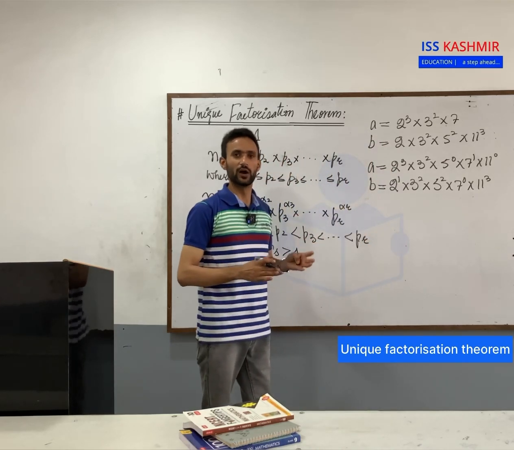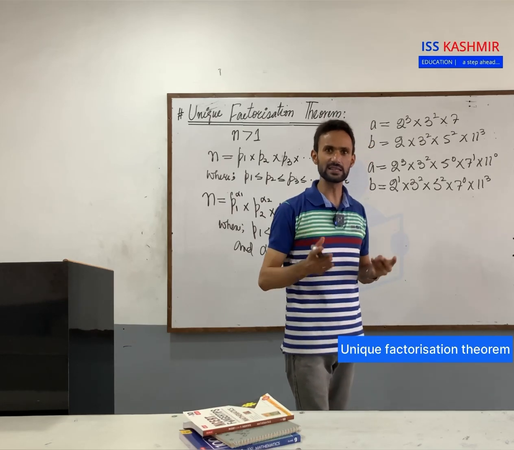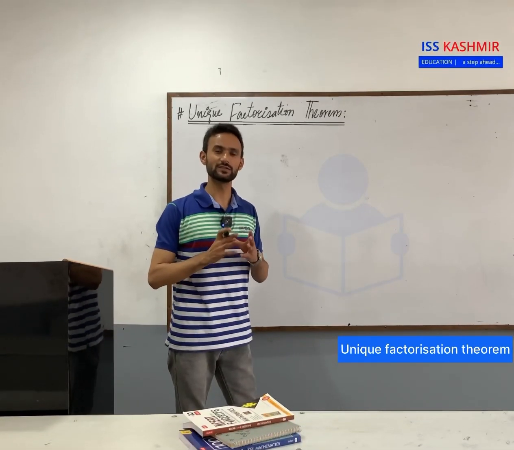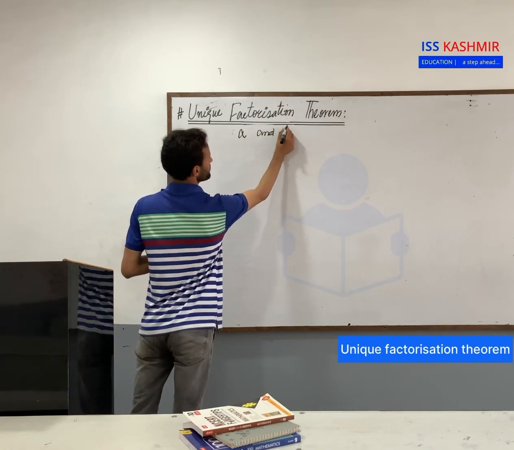By doing so, we can find the greatest common divisor, that is HCF, and LCM of two positive integers. Now suppose we have two positive integers a and b.